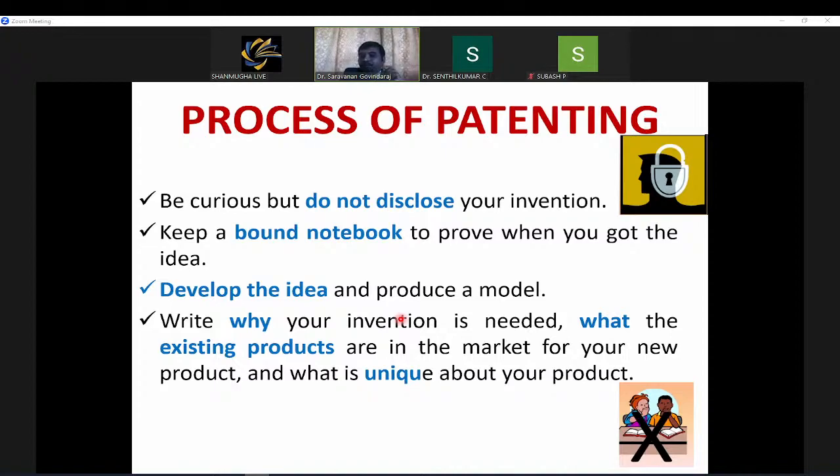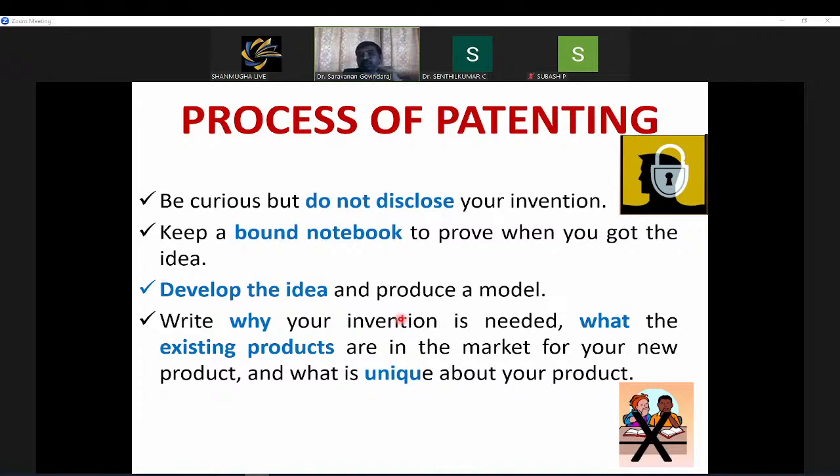So why is your invention needed? Yes, my invention is needed because the already existing inventions have particular disadvantages, and all those disadvantages are rectified by my invention.